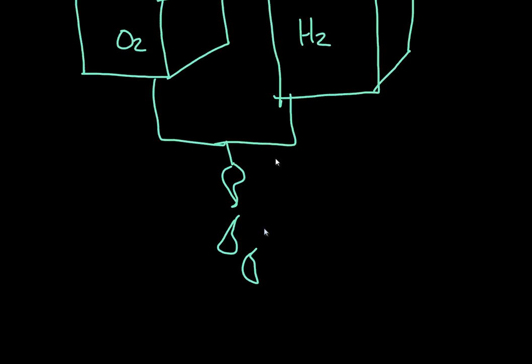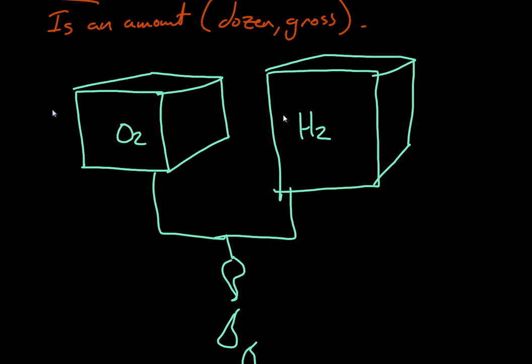And it turns out that volume-wise, as long as everything else stays the same, you know, pressure, temp, etc., you will always use 2 times the amount of H2 gas as O2 gas.